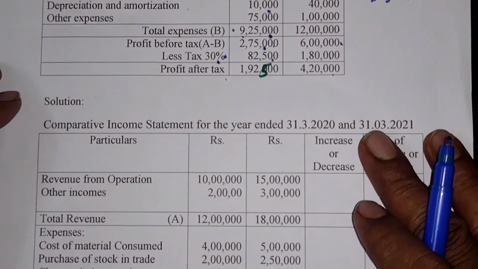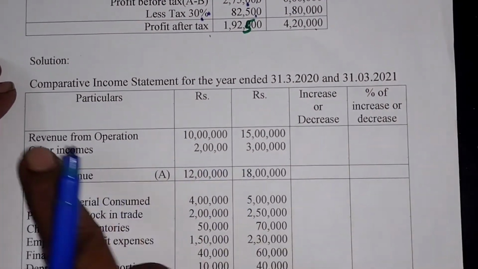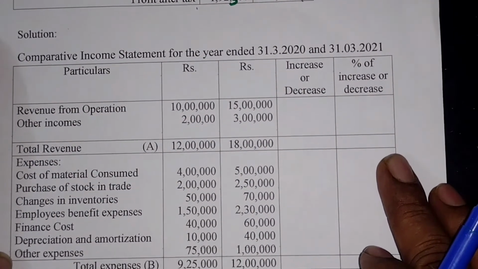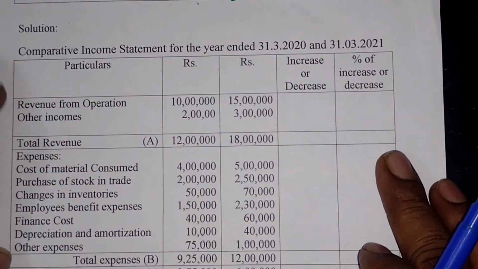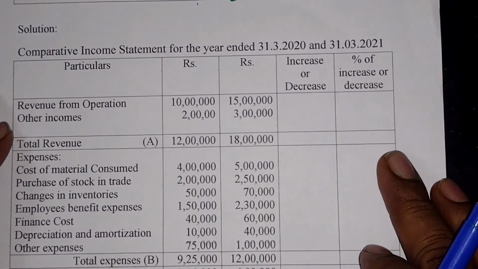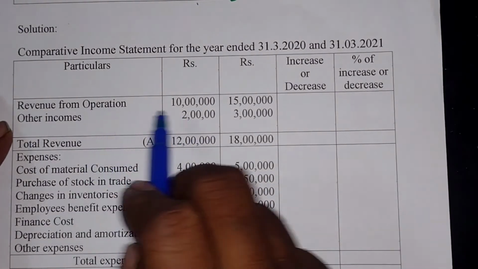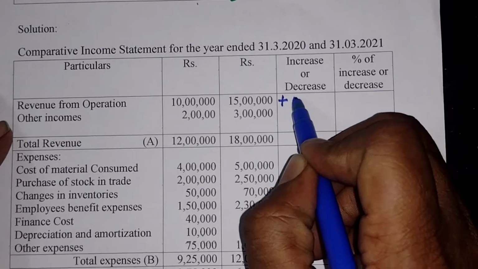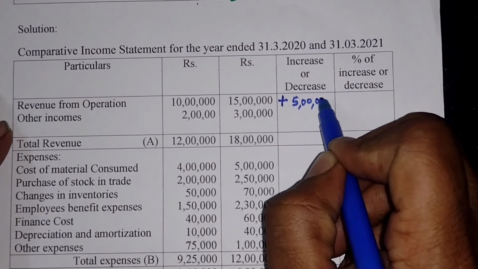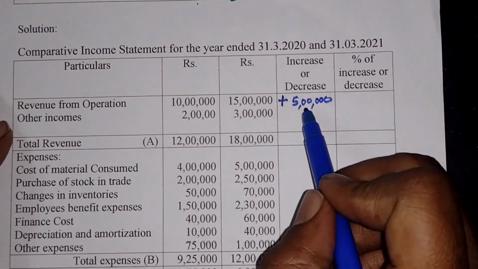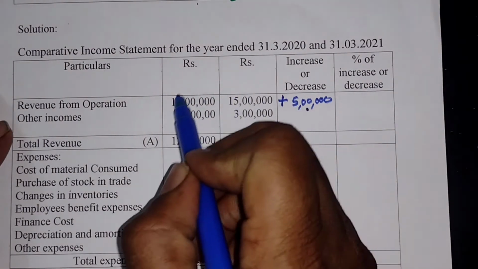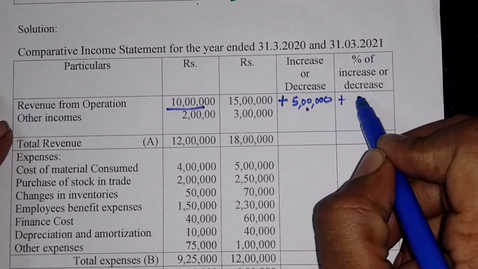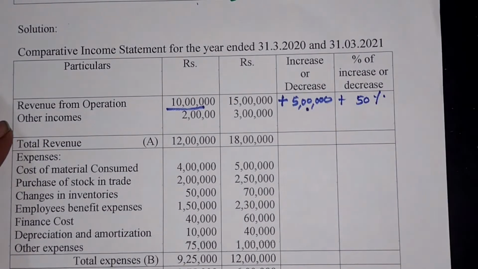Now let us see into the solution. Comparative income statement for the year ended 31st March 2020 and 31st March 2021. Now the very first one, revenue from operation 10 lakh and 15 lakh, it is increased means plus 5 lakhs. Then what we have to do, this 5 lakhs divided by 10 lakhs, you get 50%.